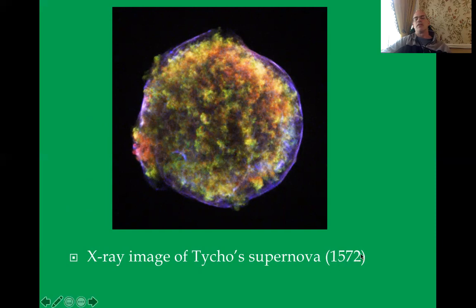It was one of the things that led him to favor the heliocentric theory of the universe because he wasn't able to observe parallax. So, Tycho's supernova.